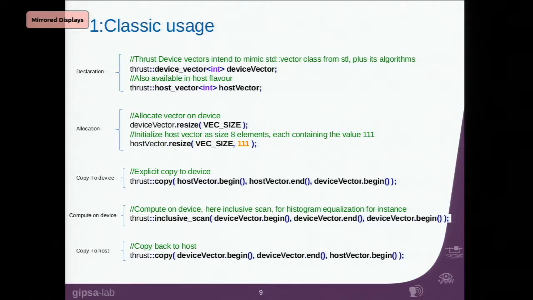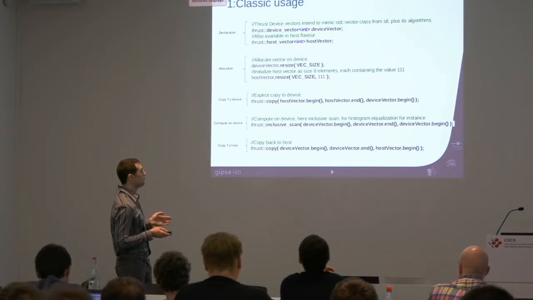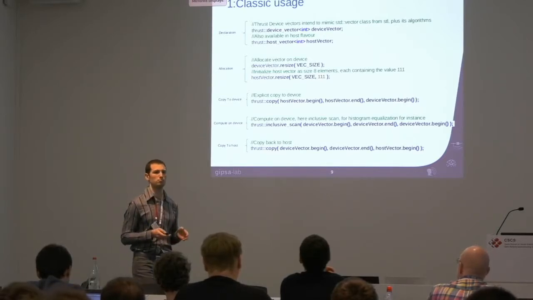You can explicitly copy the memory from the host to the device with the iterator semantic. You launch some computation on the device, for instance here you can perform an inclusive scan, an algorithm included in Thrust. And then you copy back to host the result with an explicit copy. This is a very simple code, but it looks more like C++ than pure CUDA code.